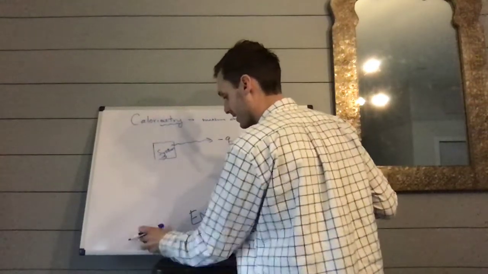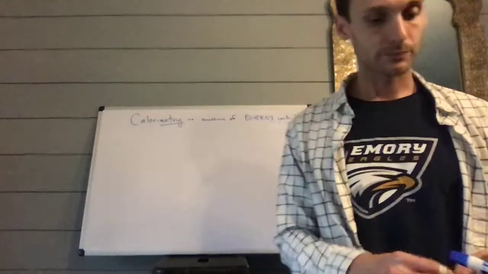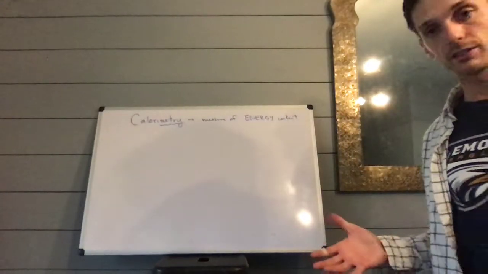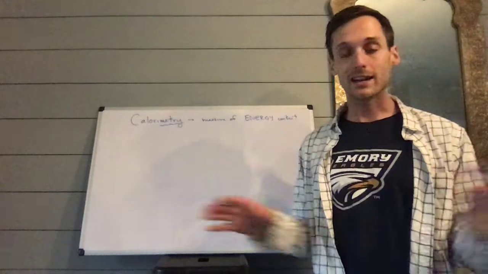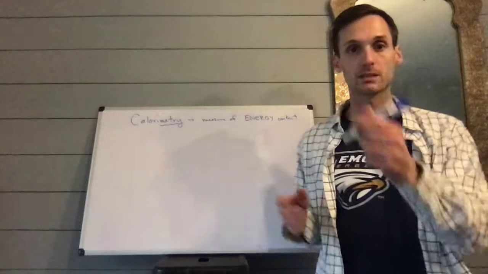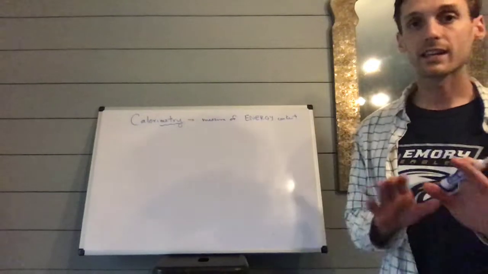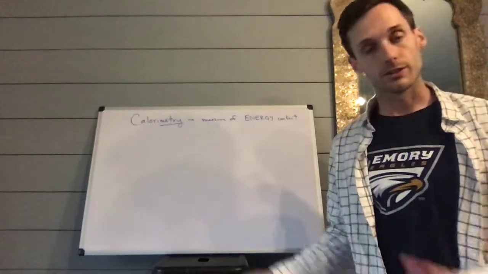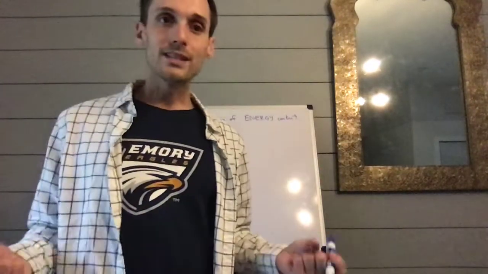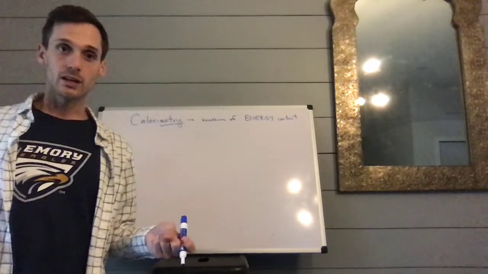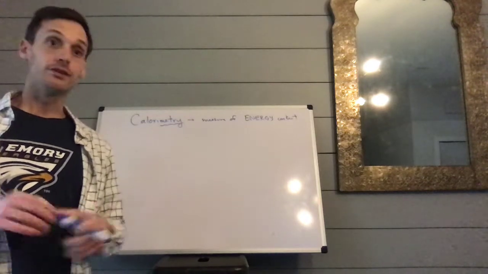When we're talking about the system and surroundings, it's imperative that you remember our definitions. The system is just whatever you're focusing on in the universe. It can be anything. It can be you, it can be me, it can be this whiteboard, it can be this marker. Whatever you are focusing your attention on is called the system. Everything else in the universe is called the surroundings. So if a system increases its energy, if it absorbs energy, it must be getting that energy from where? Good, the surroundings.